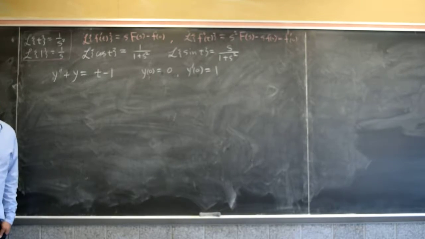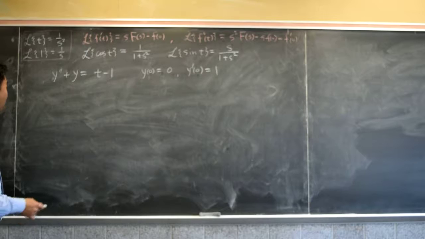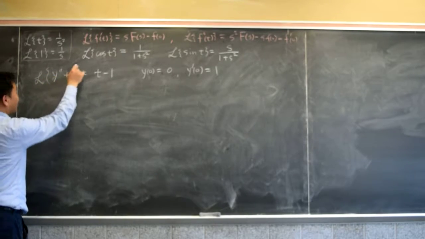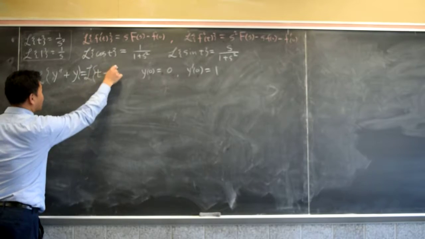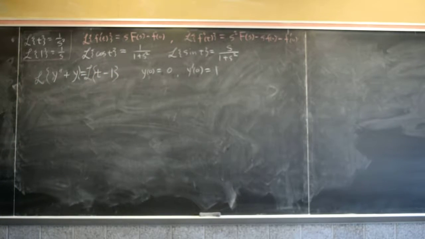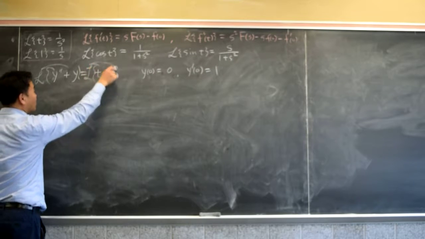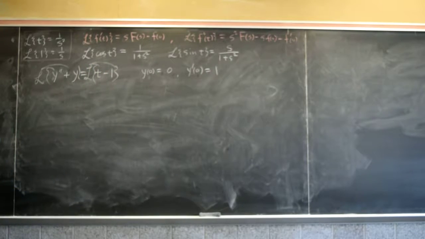Now, this can be solved using Laplace transforms. How do you do it? Well, you take Laplace transforms of both sides. And because Laplace transforms are linear, meaning that you can distribute to each term, that's because it's an integral operator. We just went over that, right?